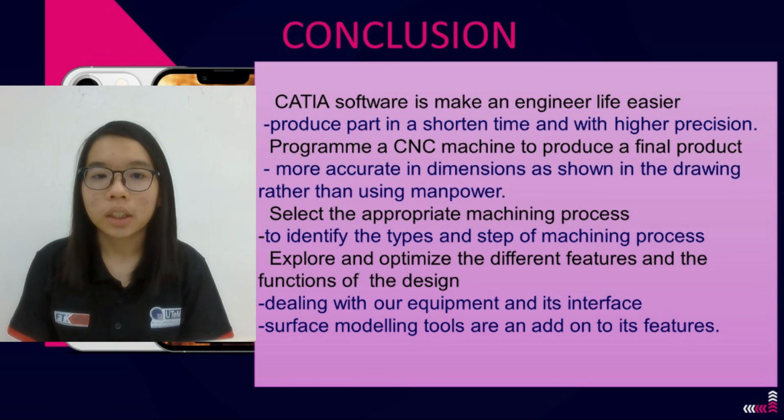It selects the appropriate machining machine, identifies the types and steps of machining processes, explores and optimizes the different features and functions of the design, and helps in dealing with our equipment and its interface. Surface modeling tools are an add-on to its features.